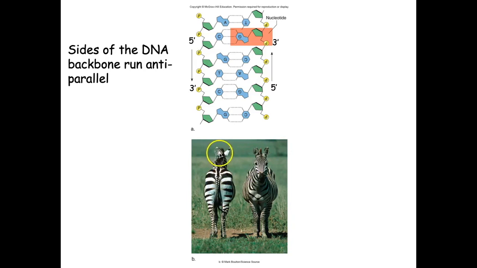The head of one strand is next to the butt of the other strand, and the head of that strand is next to the butt of the other strand, like these two zebras. So this is the anti-parallelity of DNA. And in the next lecture, when we talk about DNA replication, this is going to be really, really important.